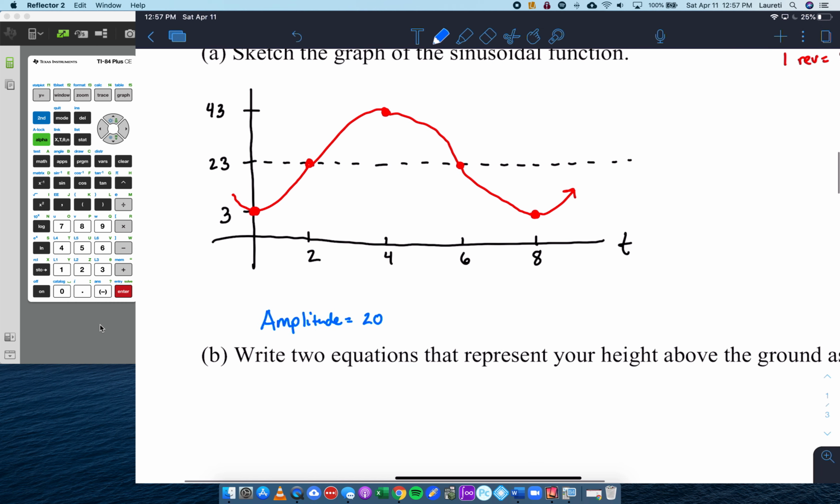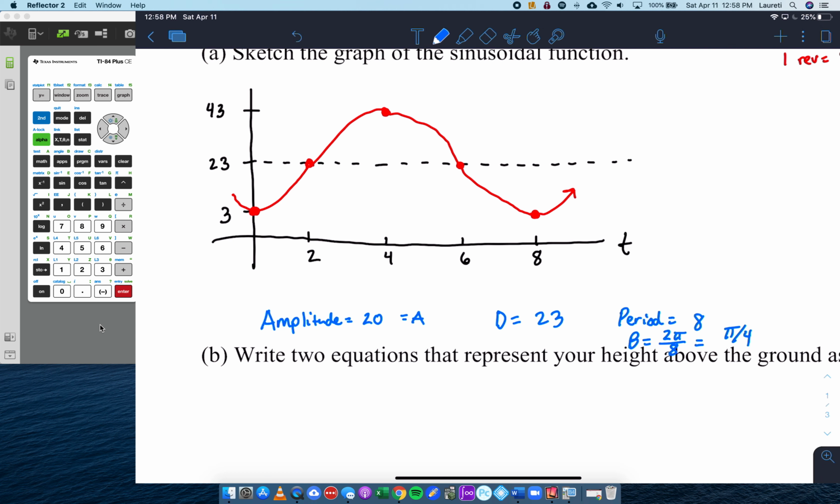That's going to be A. Now your axis is at 23, the middle ground, so the value for D is going to be 23. Now the period is 8 seconds, so the B term is going to be 2 pi over 8, or pi over 4.